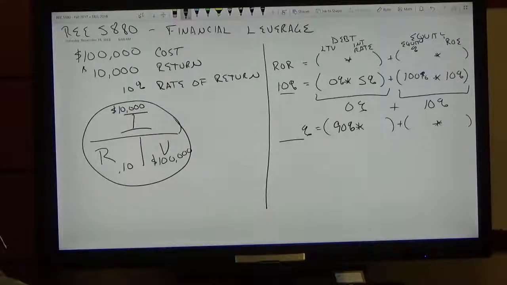So that means our equity percent, what are we contributing in equity? 10%. Everybody still with me? Now, the properties themselves, the individual homes, what are they returning each year?